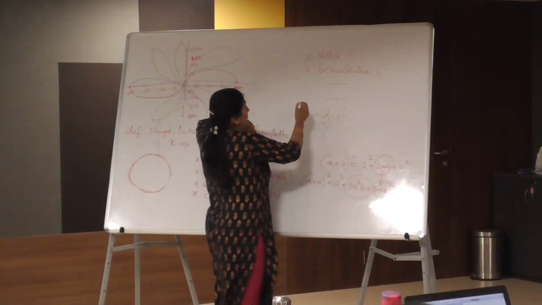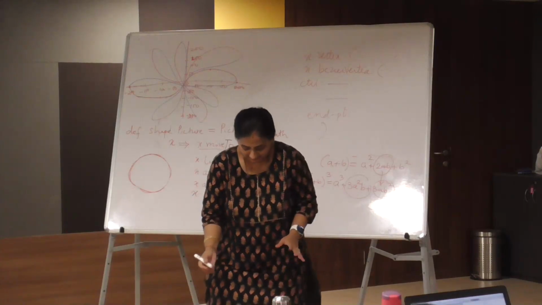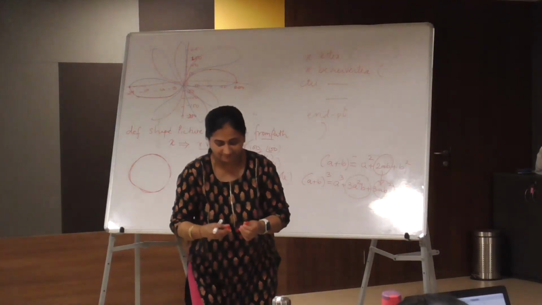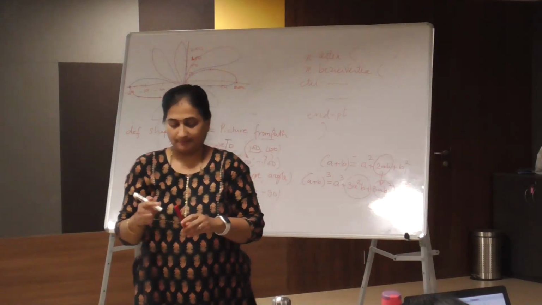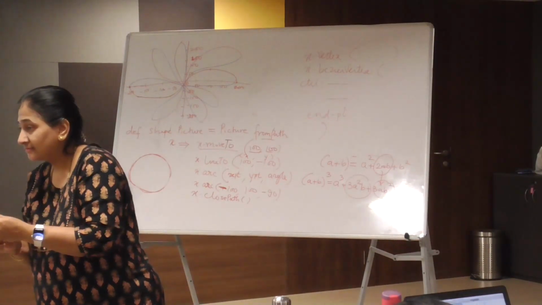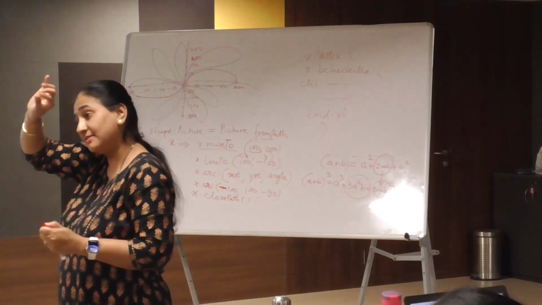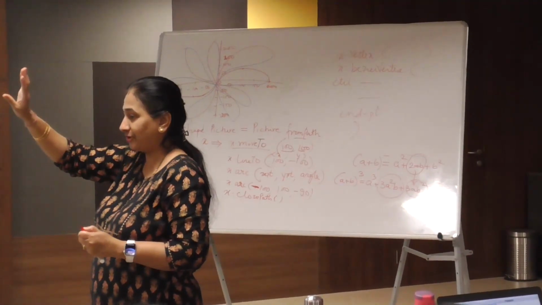The 2 control points that you mention over here. That is the first point. X dot vertex is the point. That is the start point.